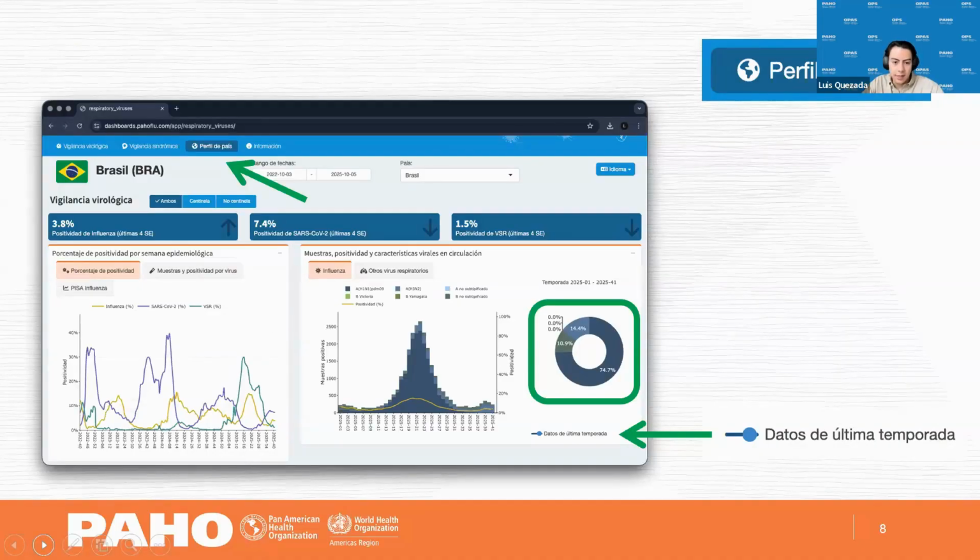You're going to find the viral features in circulation, and here you can see the subtypes of influenza. We can also see the distribution. We need to activate the data filter according to the last season. So by activating the data season, we are going to predict what's the type of influenza currently under circulation.